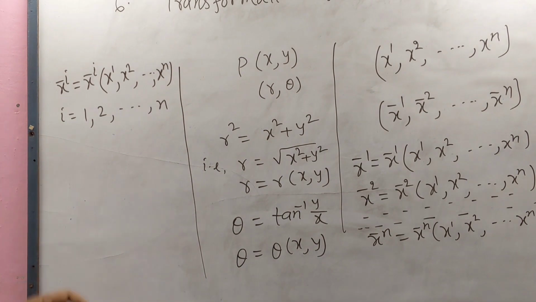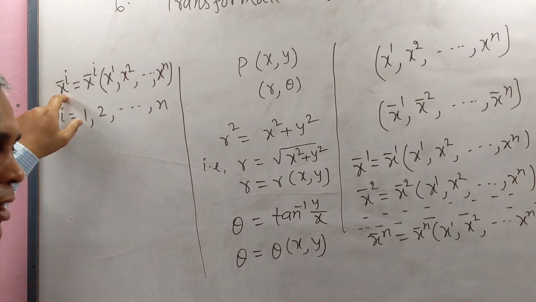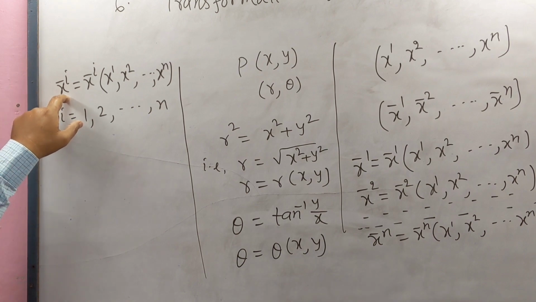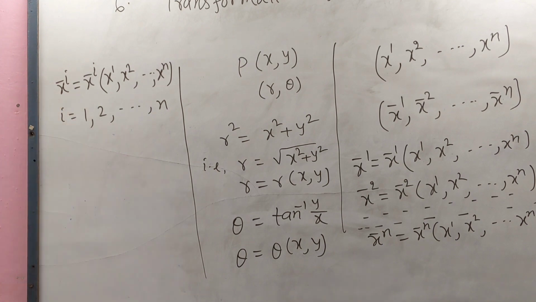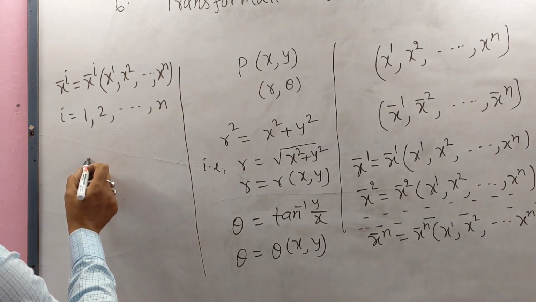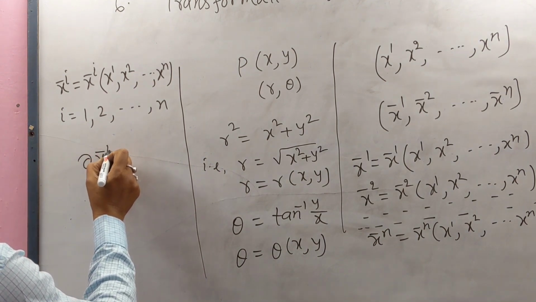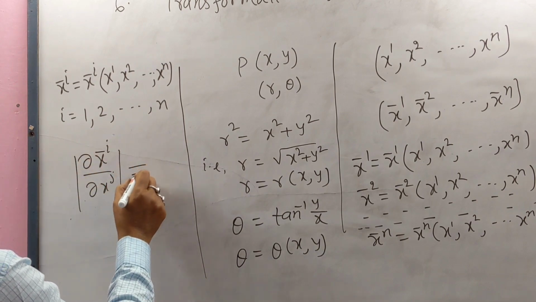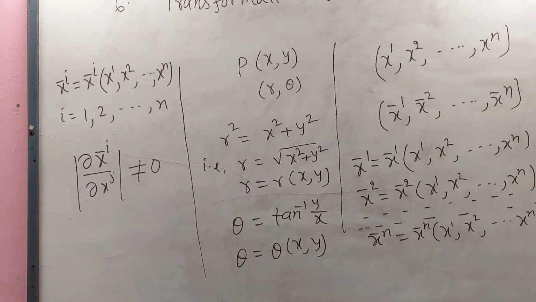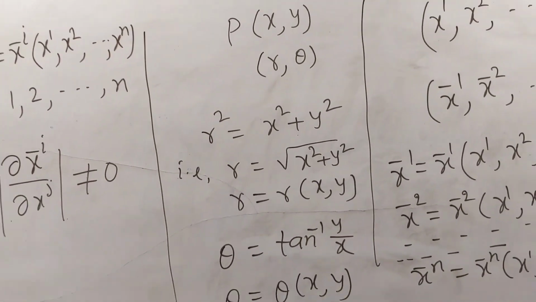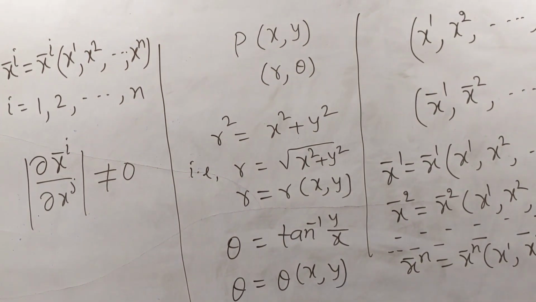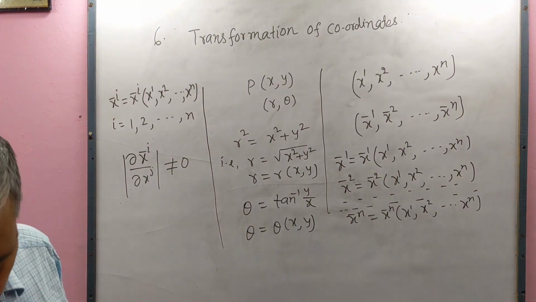Here, if x bar i is a single valued and also real valued continuous function, and the determinant, that is the Jacobian, del x bar i by del x j, is not equal to 0, then we may find the coordinates of the x system of coordinates in terms of the x bar system of coordinates.